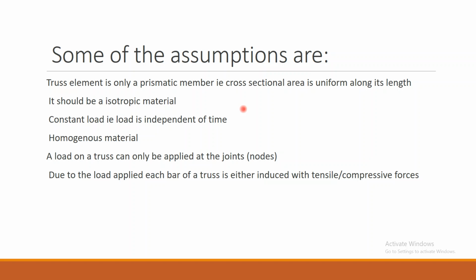And the next assumption: due to the load applied, stress is induced, either tensile or compressive. Okay, make sure that these are all the assumptions. In real cases it may slightly deviate, but since we are making assumptions, you need to consider only these factors.